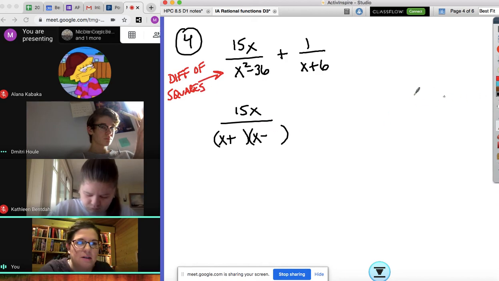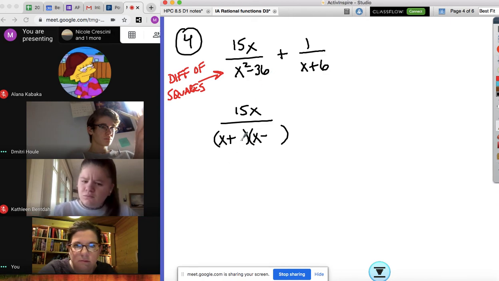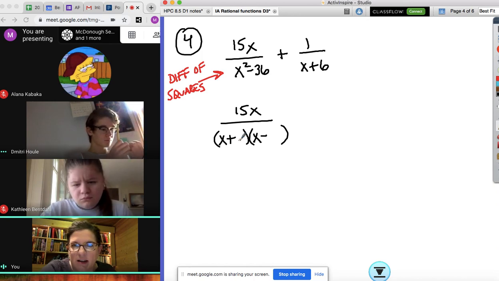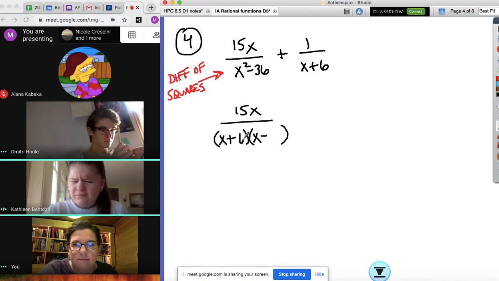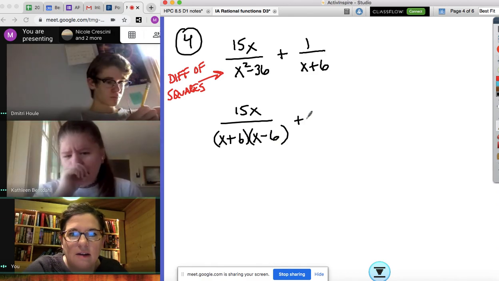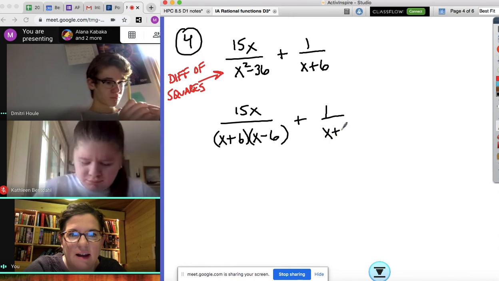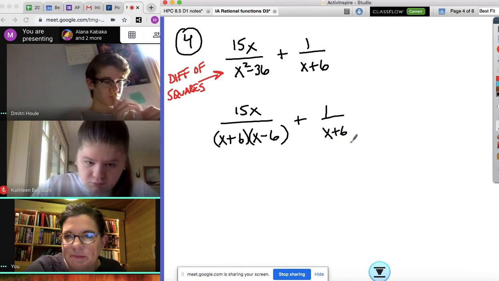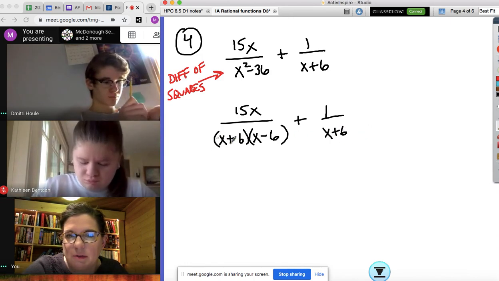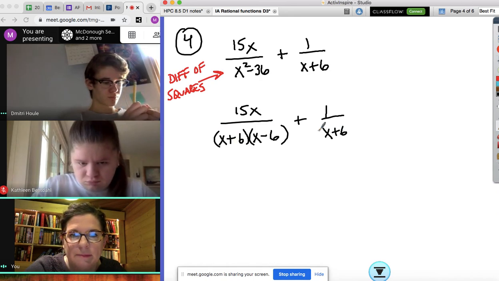So what two identical things would multiply to a 36? Same exact numbers. What times what equals 36? 6. Okay, now look at the other fraction over here. Do you see how that has an x plus 6 in the denominator? So this one over here has an x plus 6 as well.